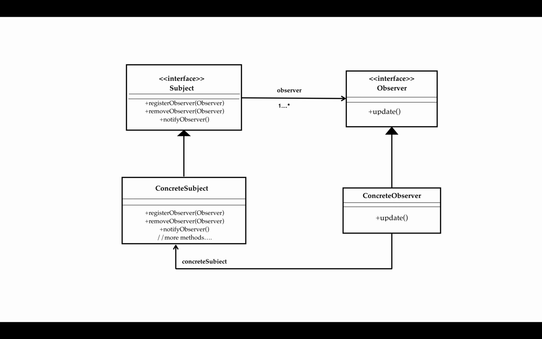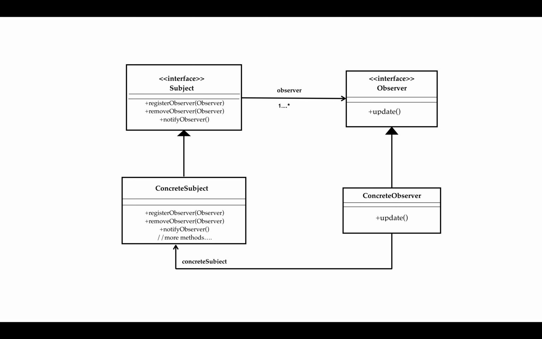Other objects use this interface to register themselves as observers and can also remove themselves from being notified or observed. Each subject can have one or more observers. So this is the observer design pattern.